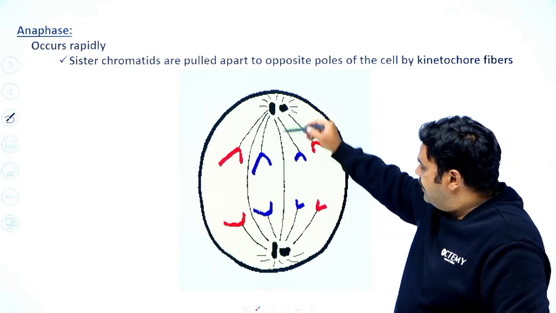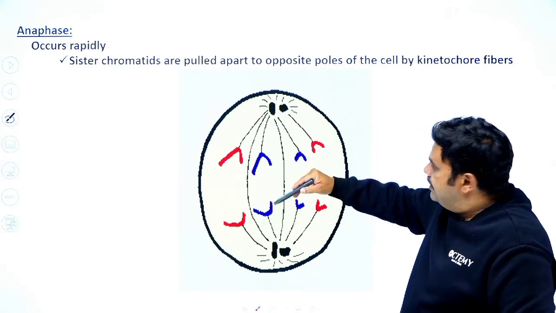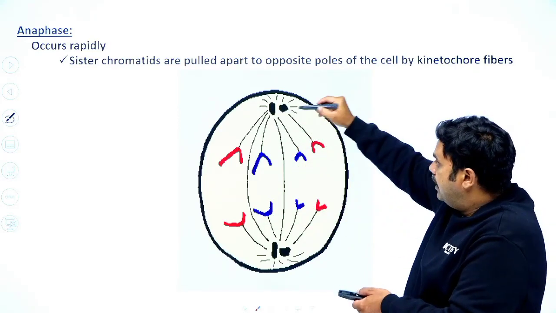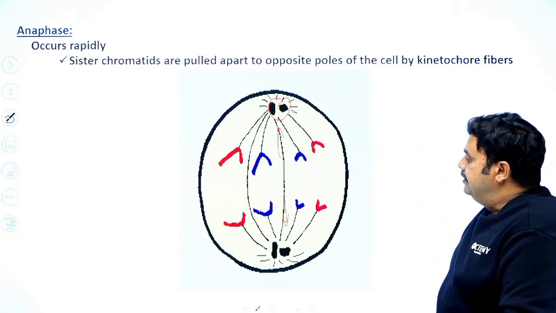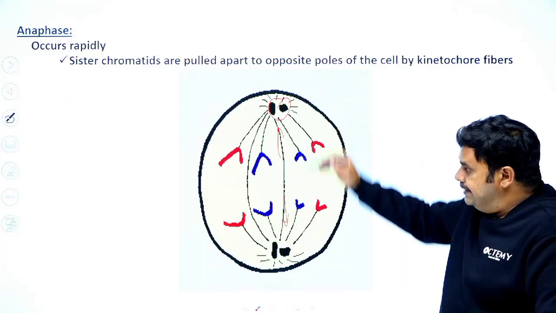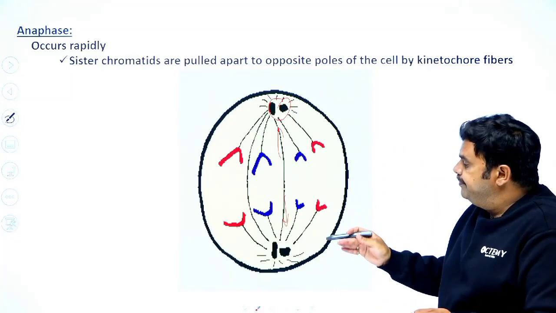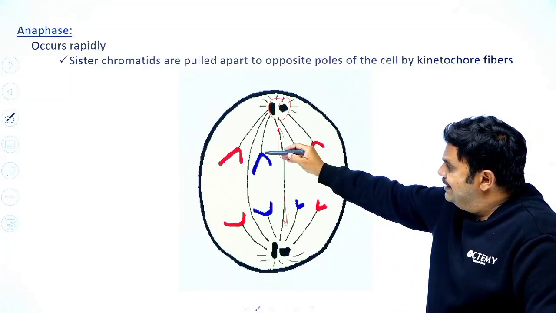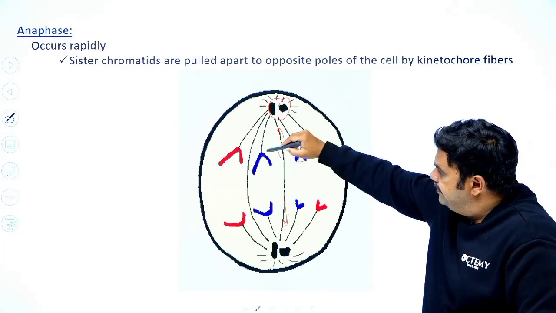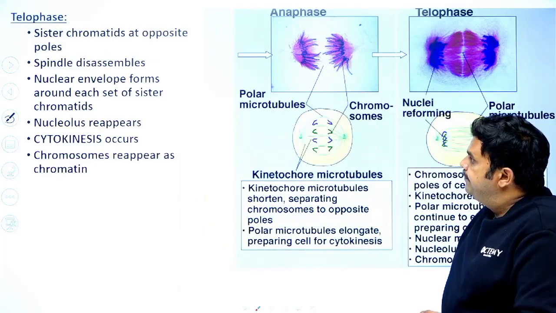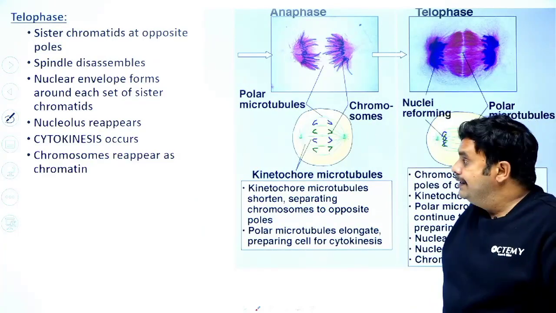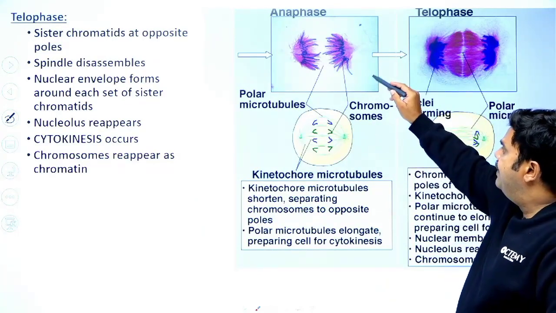Through these spindle fibers, the chromosomes will be moved toward their polar regions. During the movement of these chromosomes, the centromere is attached to these spindle fibers. Then telophase. In telophase, what happens?